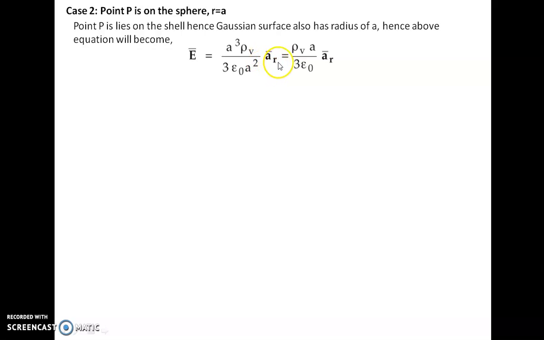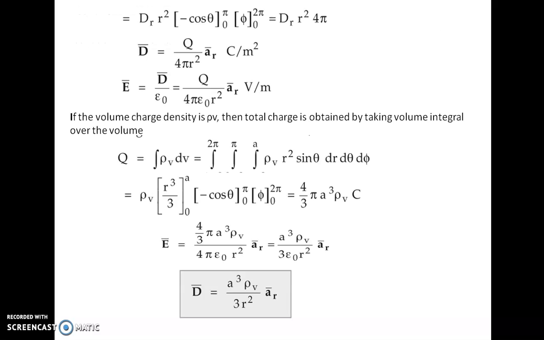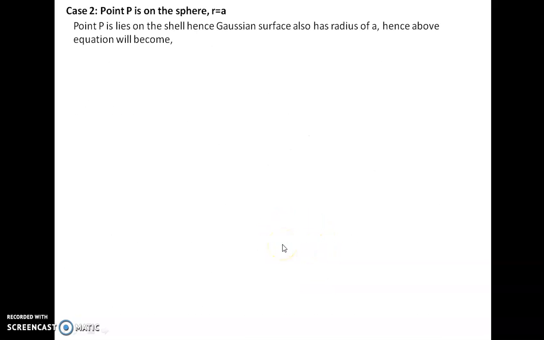After simplifying this, I will write rho v a by 3 epsilon naught. Instead of r, here I am writing a, because the Gaussian surface radius is also equal to the radius of the sphere. So it is rho v a by 3 epsilon naught into a r cap.